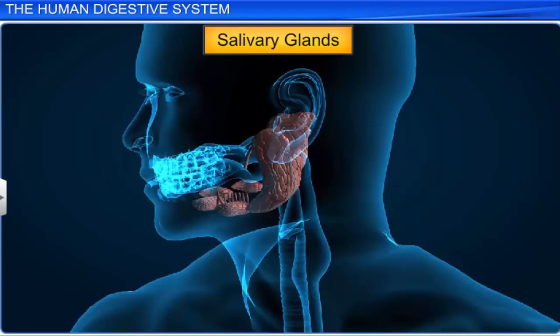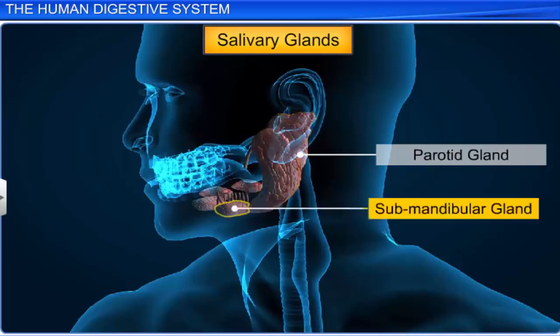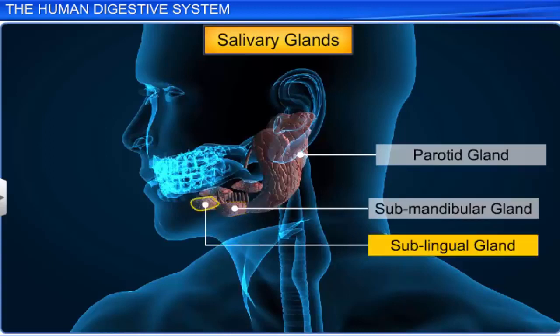There are three pairs of salivary glands. The parotid gland, located in the cheek, the submaxillary or submandibular gland, found in the lower jaw, and the sublingual gland, located below the tongue.